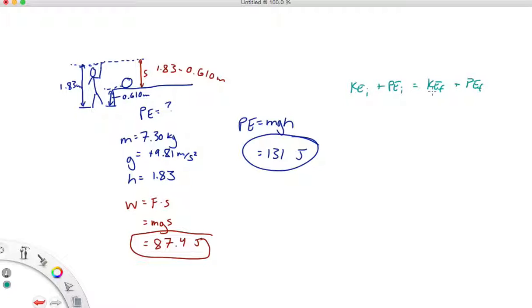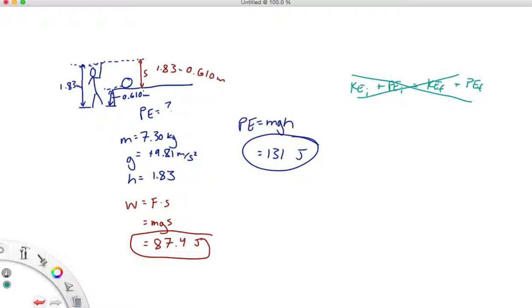In fact, I'm going to just not use this because it's going to be a little bit confusing about what we're talking about for final here. I'm just going to use what we know about the work going upwards right here. So we know that the work to move this up here is 87.4 joules. So we also know that the work going back down is 87.4 joules.